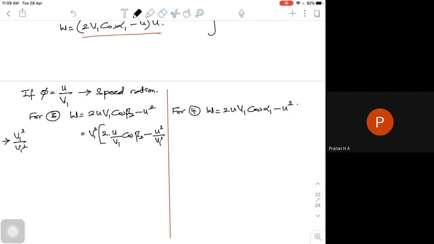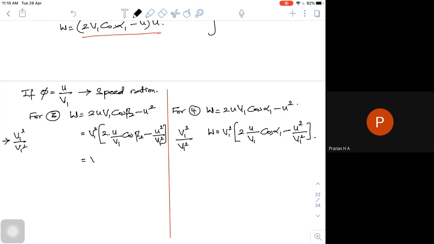This is one expression. Similarly here, if I multiply and divide by V1 square, V1 square is outside, 2 into U by V1 cos alpha 1 minus U square by V1 square. So what is U by V? It is phi.